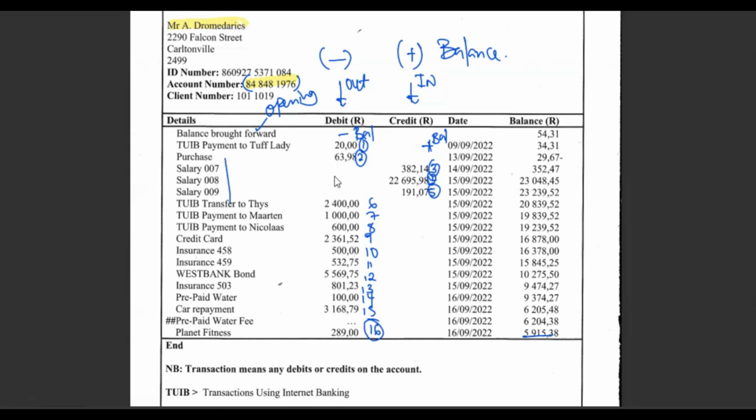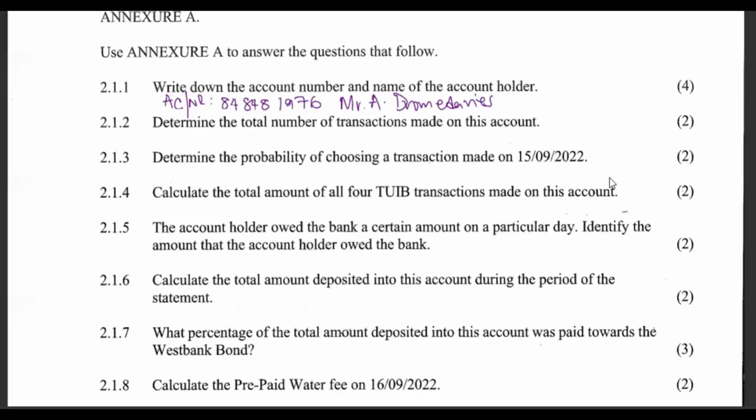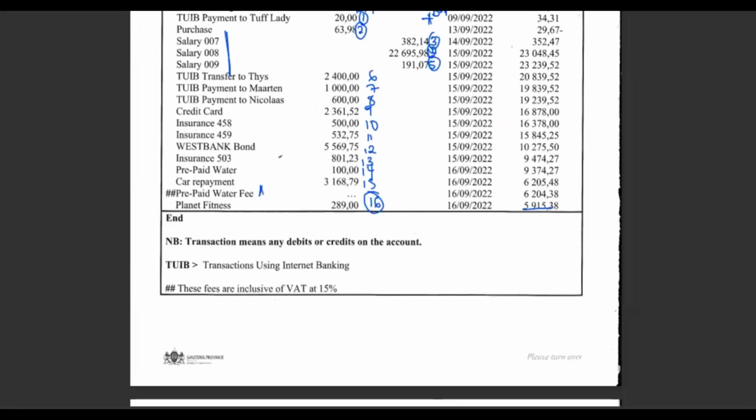These ones are on the side of the credits. Money came in. Here we have 16 transactions. Other people who counted may say 17 when you look into the addendum here because of this other one here. I didn't count this because it's not a transaction that happened.